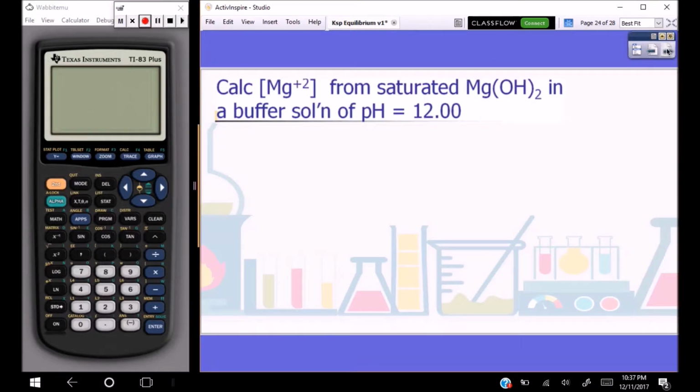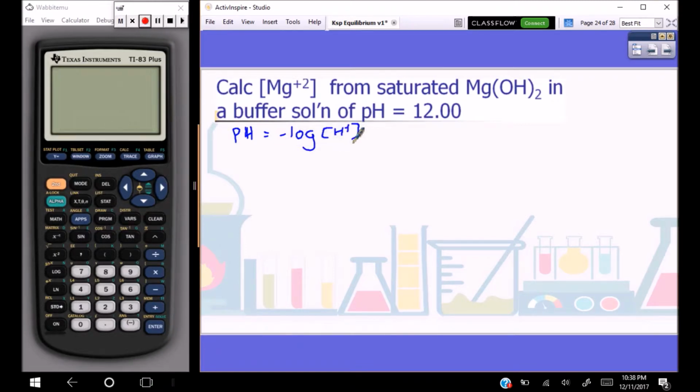So in this problem it says calculate magnesium 2+ from a saturated magnesium hydroxide solution, magnesium hydroxide in a buffer solution of pH of 12. Okay, so a couple of things we have to remember here. Again, pH of 12, pH is equal to negative log of H plus.